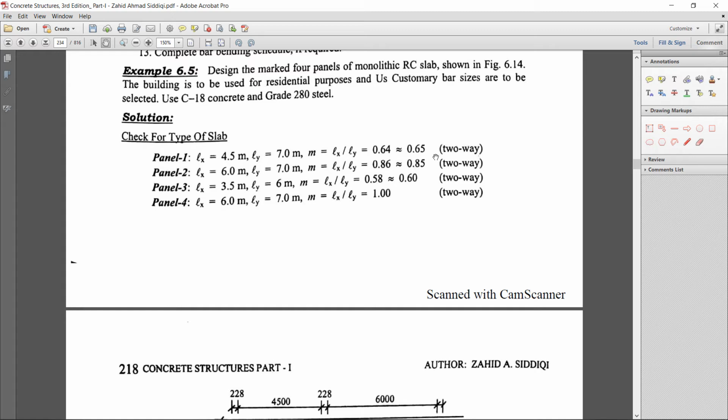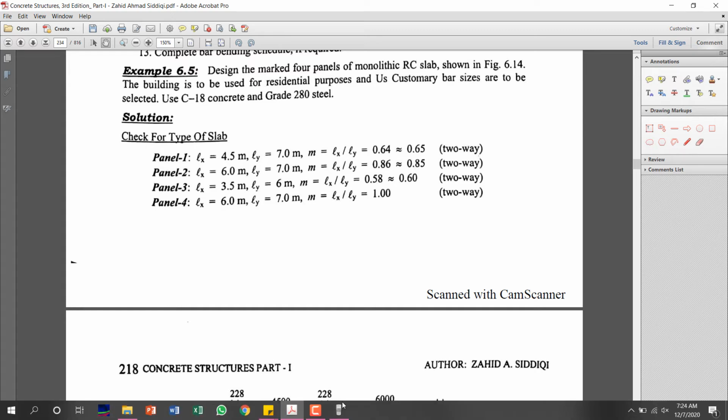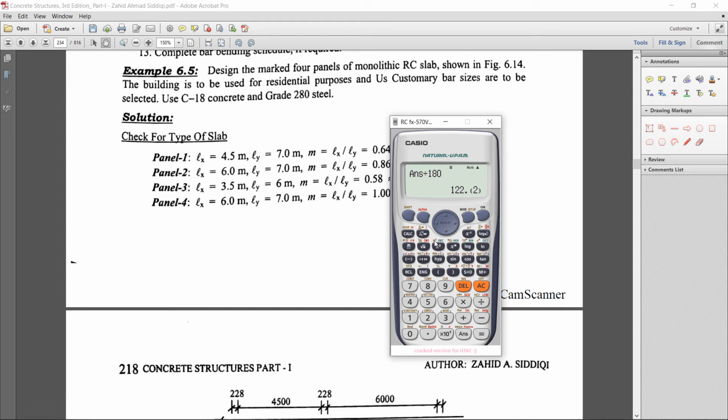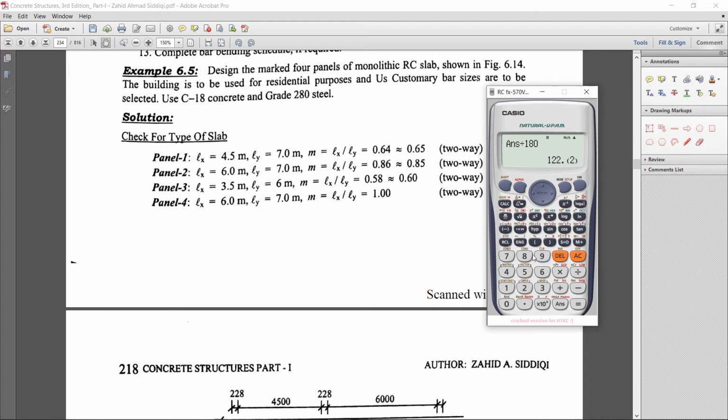In the definition of a two-way slab, the longer to shorter span ratio should be less than 2. Here we divide longer to shorter, 7 divided by 4.5, and our answer is 1.5, which is less than 2.